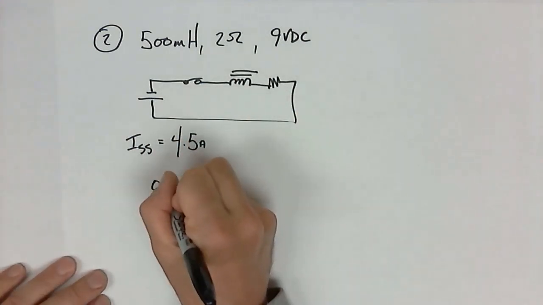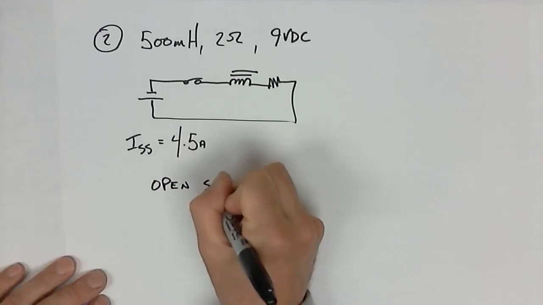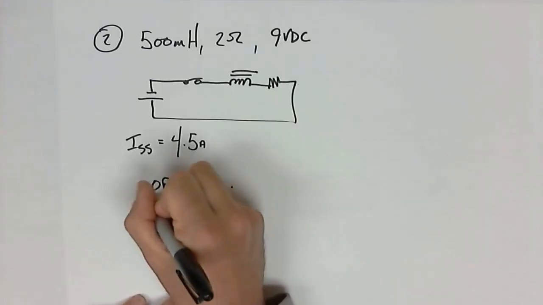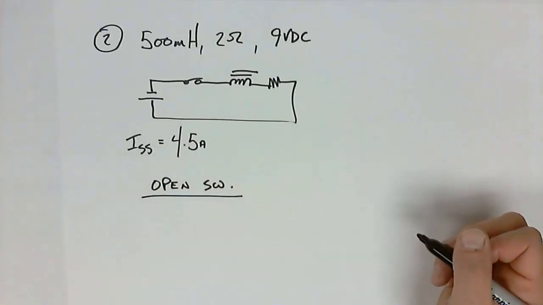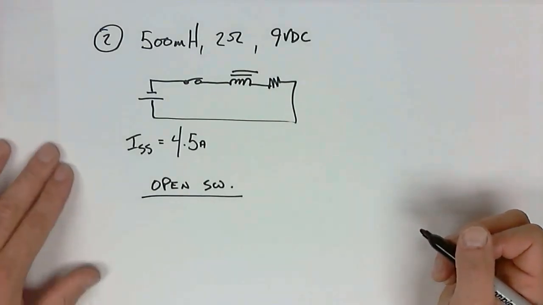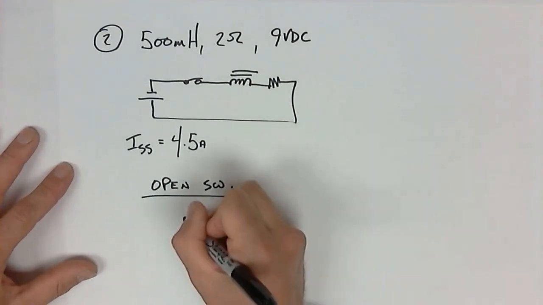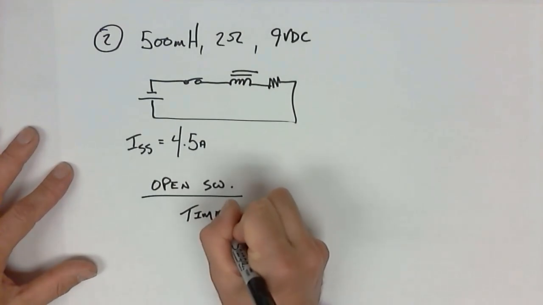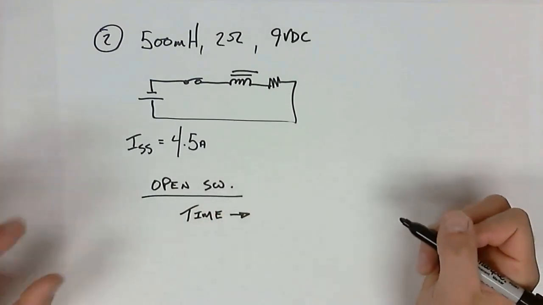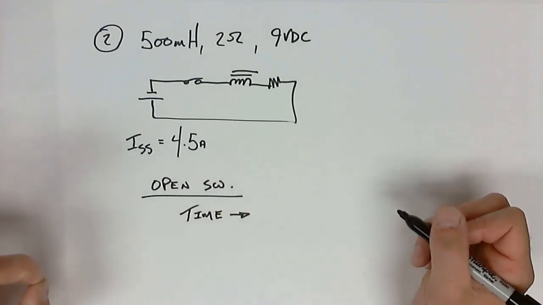When I open the switch, the time it takes for me to open it is going to be extremely short because I can flick the switch almost instantly. The time that I'm going to use, and I'm just choosing this, is not a set amount of time that you have to memorize.